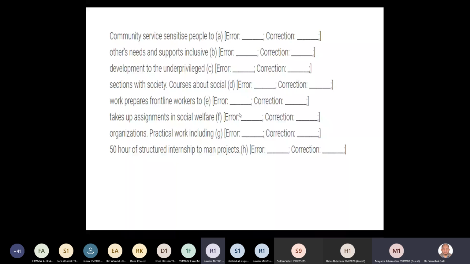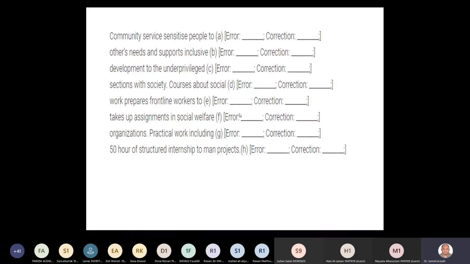Yes, doctor. The fourth line. In society, not with the society. In society, excellent. Everyone has only one answer to give. Thank you. So, what's your name? Mayada. Yes, doctor. Okay, Mayada. Thank you so much.